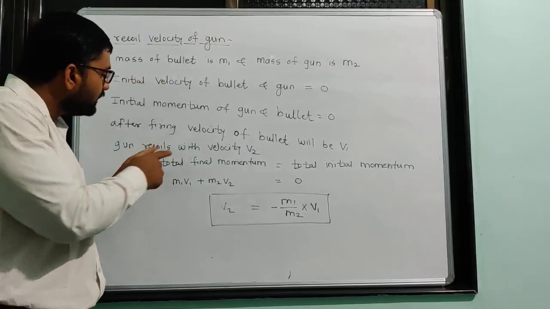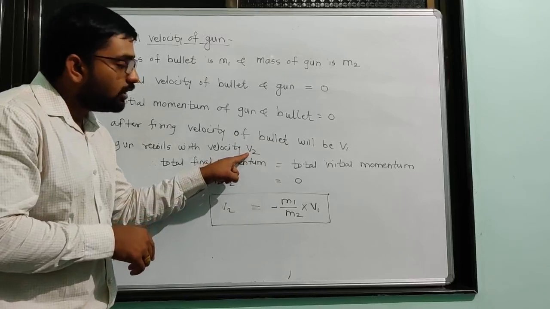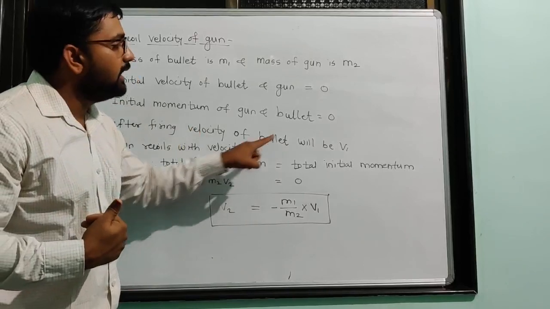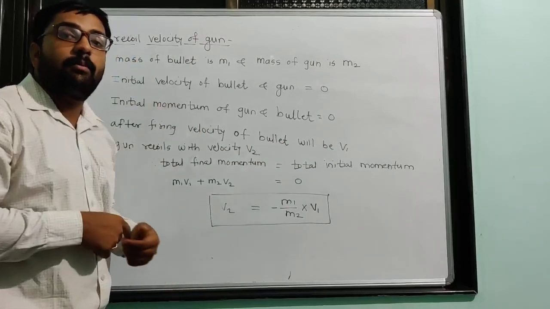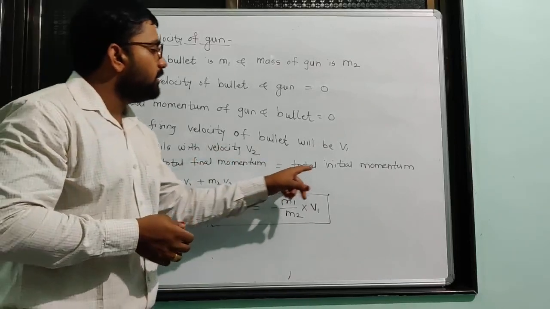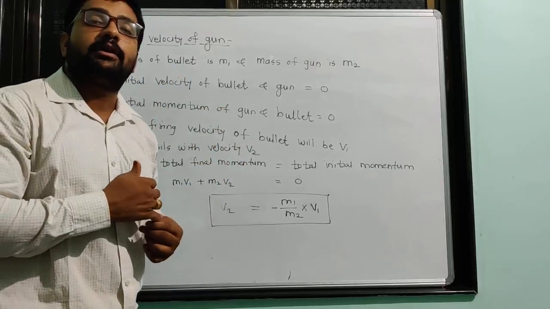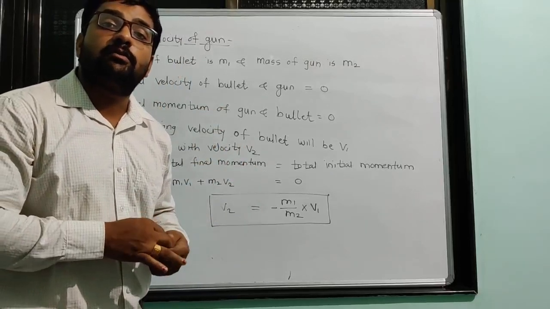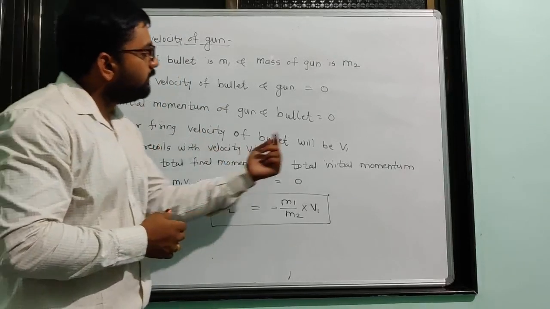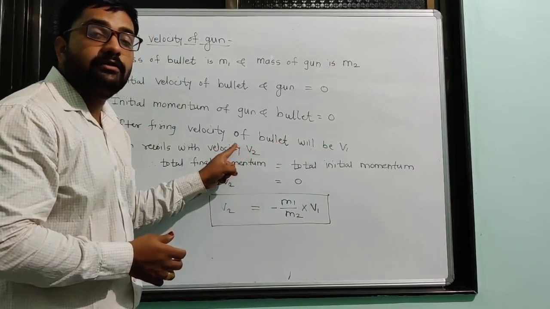So here what happens? The gun recoils with a velocity, and that velocity we call v2. v2 is the recoil velocity of the gun, and v1 is the velocity of the bullet. We know total initial momentum will be equal to total final momentum, which we already saw in the last topic, the law of conservation of momentum. Here the final velocity of the bullet is v1 and the final velocity of the gun is v2.